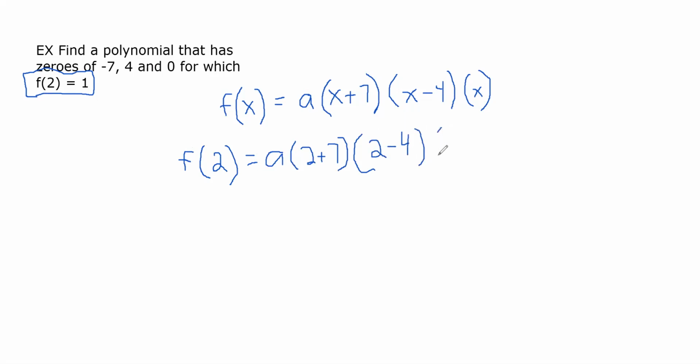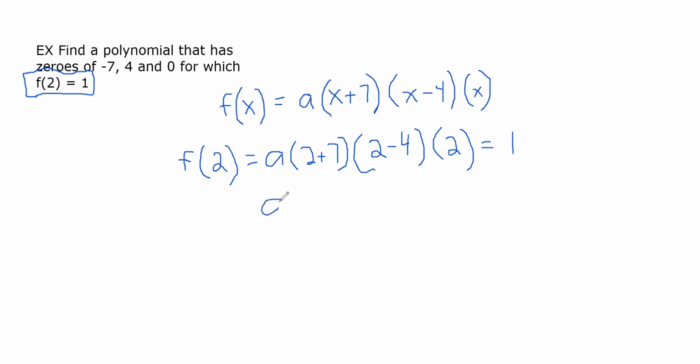We're just plugging in 2 for x times 2. It has to equal 1. It has to be a y value of 1 whenever we do all that. And then we're going to want to solve for A. So we really have this equation here, and we want to solve for the constant A.